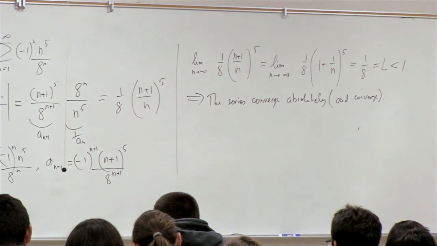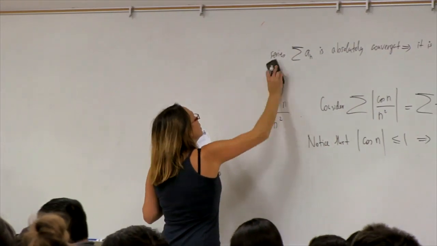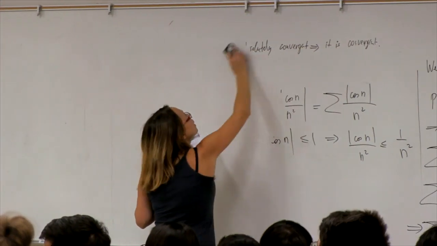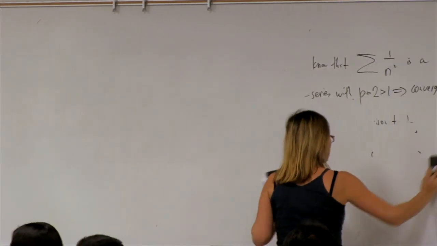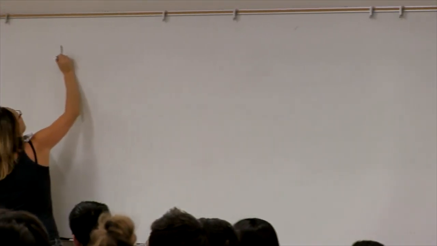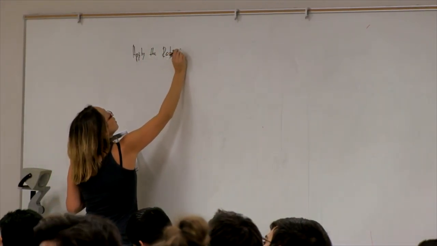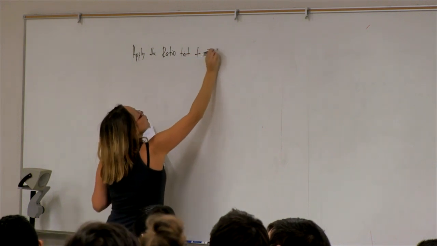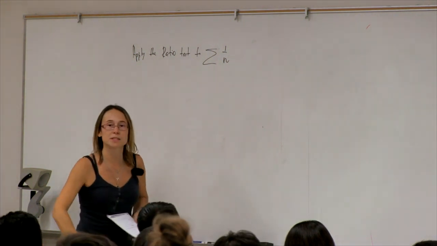Okay. So I want to show you where the test fails. Let's apply the ratio test to 1 over n. Let's see what happens in this case.